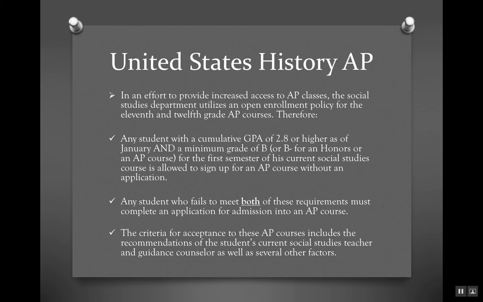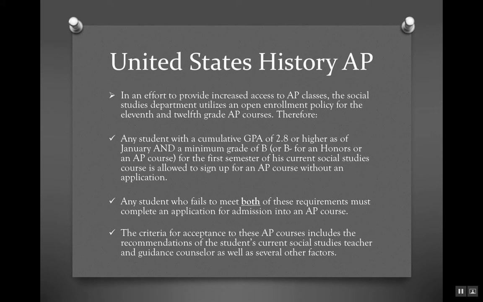A quick note about the application process for AP courses. A few years back, the Social Studies Department adopted an open enrollment policy for our 11th and 12th grade AP courses. And this is how it works. Any student who has a cumulative GPA of 2.8 or higher as of January, that is at the end of the first semester, and a minimum grade of B or B- if it's an honors or AP course for the first semester of his current social studies course is allowed to sign up for an AP course like USAP without an application.